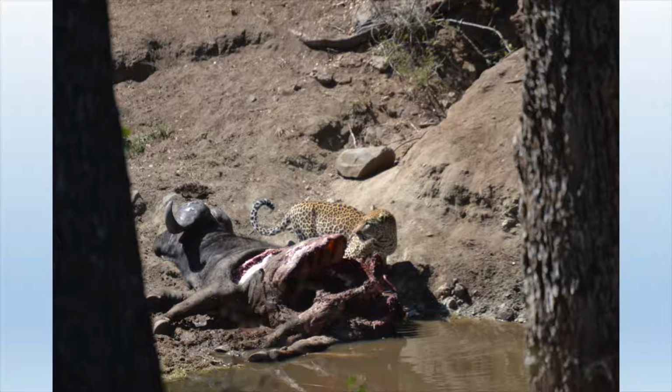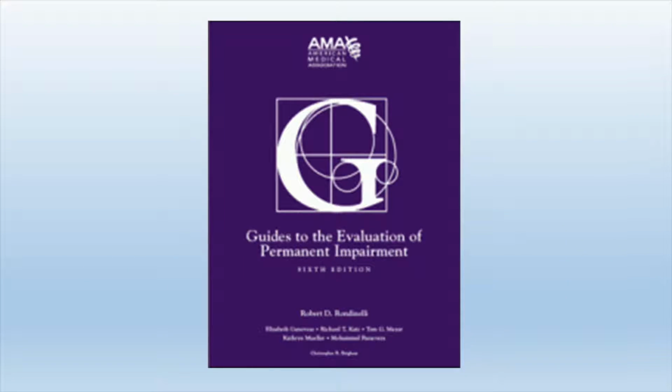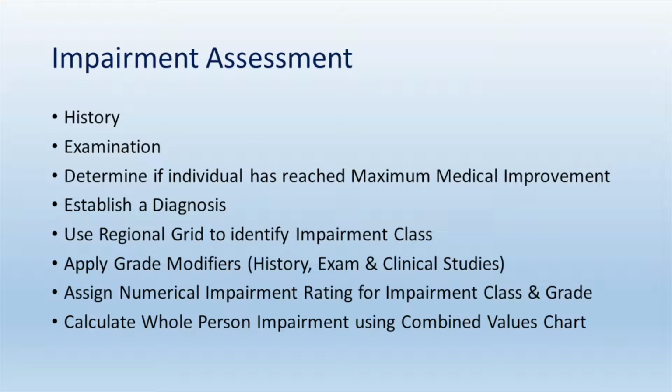So this is the guides that a lot of you would be using to calculate the impairment rating. And the process is, as is expected, a thorough history, examination. What's important is the individual must have reached maximum medical improvement. In other words, no other further treatment would improve his current status.